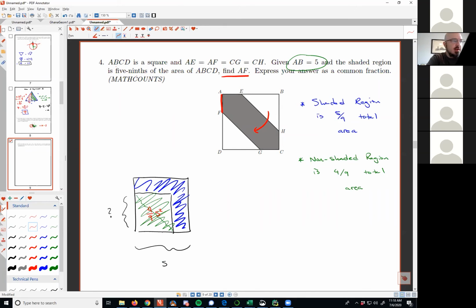Yes, the green square has area 4/9 s squared, where s is the side length of the square. And yes, I know they gave us the side length, but it doesn't even really need to be part of our thinking until the end. If the area of that green square is 4/9 s squared, what is its side length? 2/3 of s.